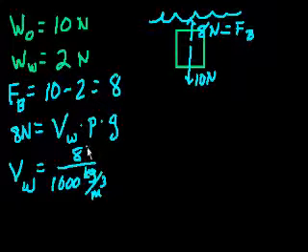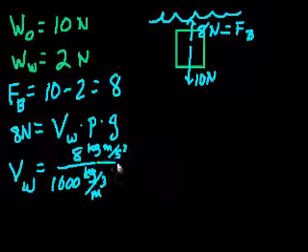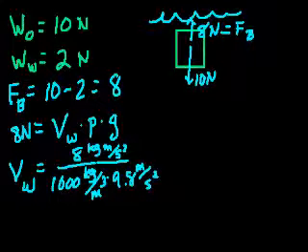So a newton is what? Kilogram meter per second squared. And gravity is 9.8 meters per second squared.